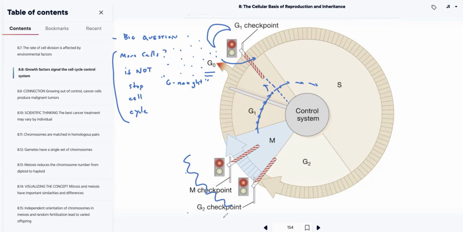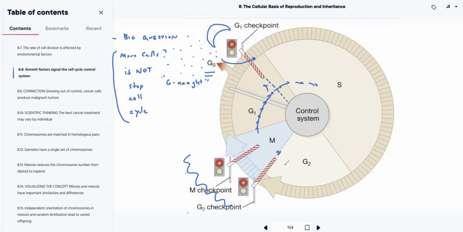And if we're not ready to jump into mitosis, that could cause problems, right? And so it kind of makes sense. Mitosis is a big step. This is a big commitment to go past this point and into the mitotic cell division. We want to make sure that we're not jumping into mitosis before everything is ready to go.